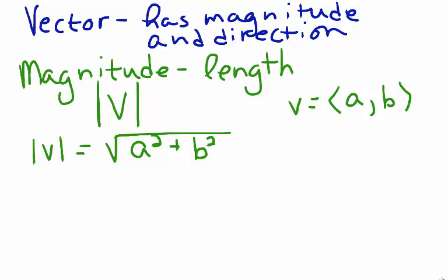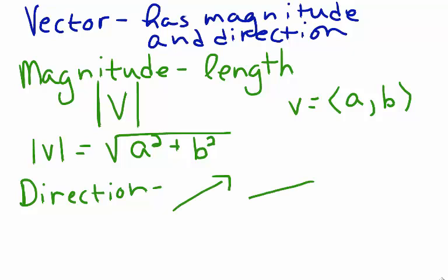The direction of a vector tells us which direction it's pointing in. The direction of our vectors are indicated by the arrow, which appears at the terminal point.